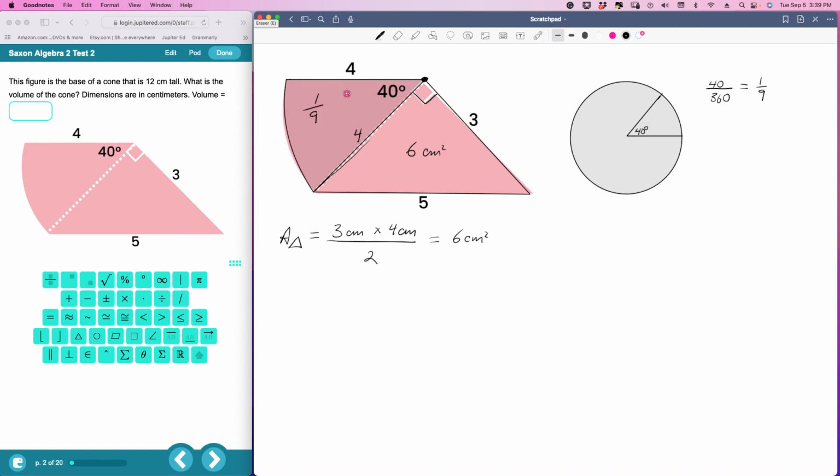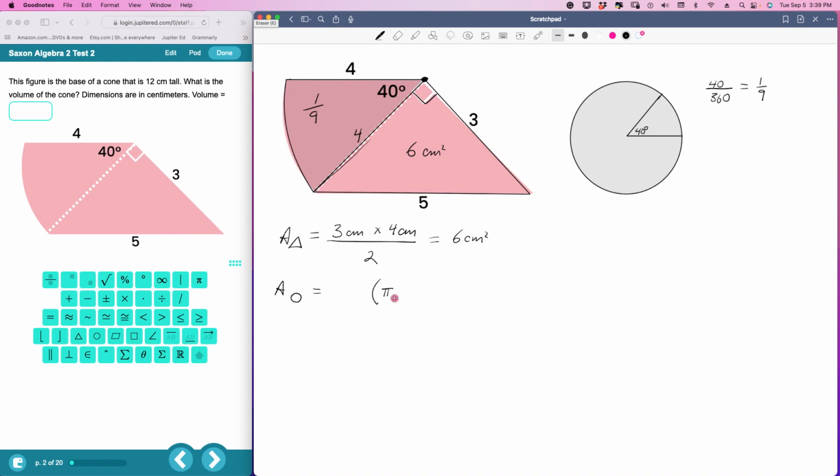Now I need to find this area. We know the area of a circle is equal to pi r squared. In this case, we've got pi, and r squared, where the radius is 4 centimeters.